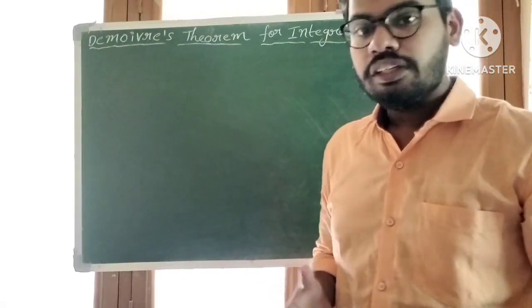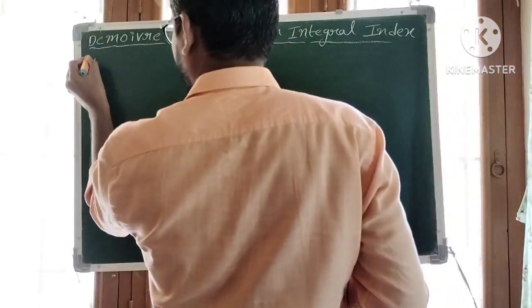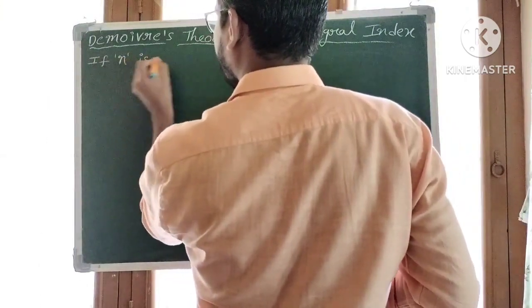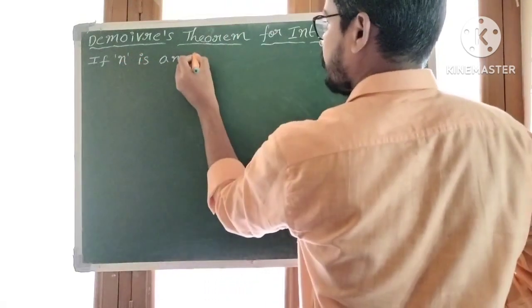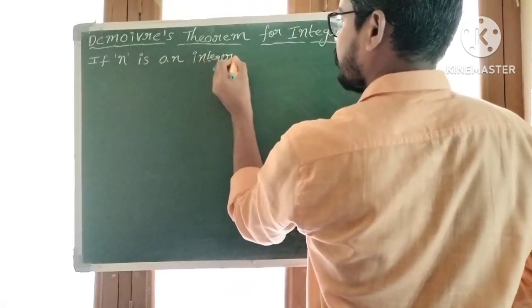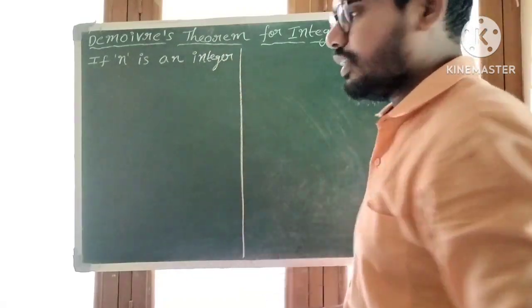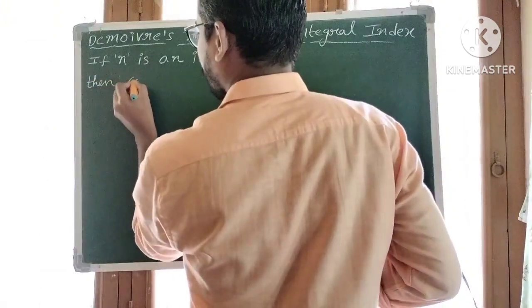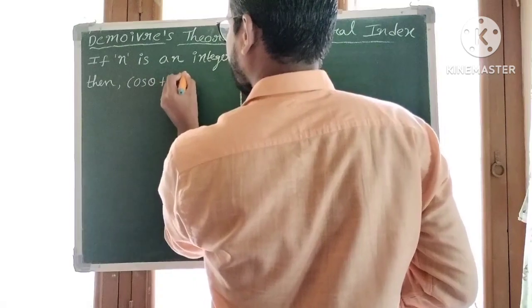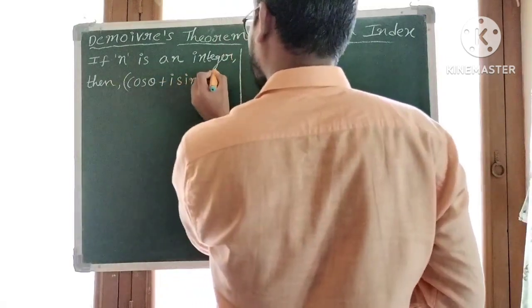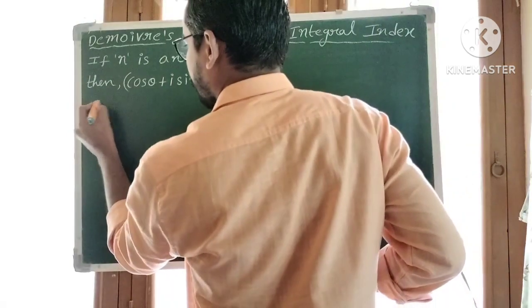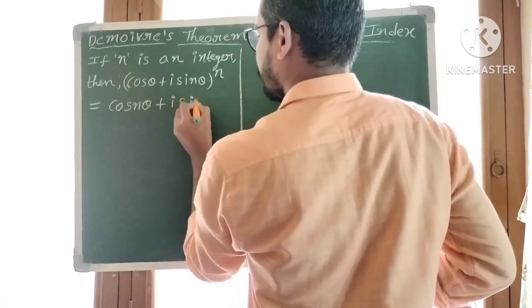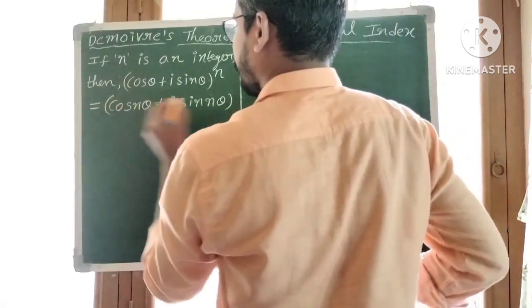According to De Moivre, if n is an integer, then (cos theta plus i sin theta) whole power n is equal to cos n theta plus i sin n theta.